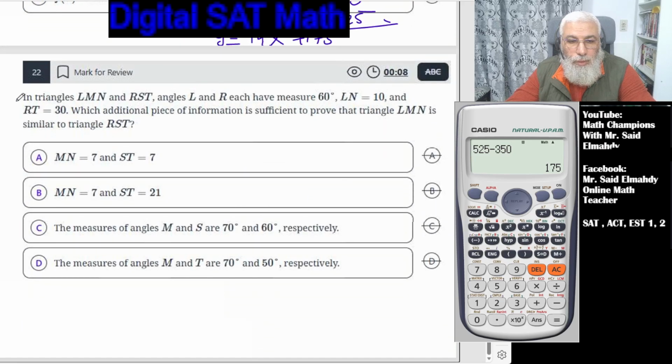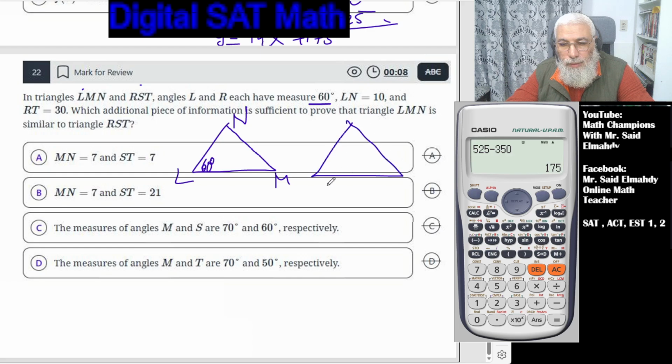Number 22. In triangles LMN and RST, angles L and R each have a measure of 60 degrees. So let's draw this: L, M, N, this is 60, and R, S, T, this is 60 degrees.